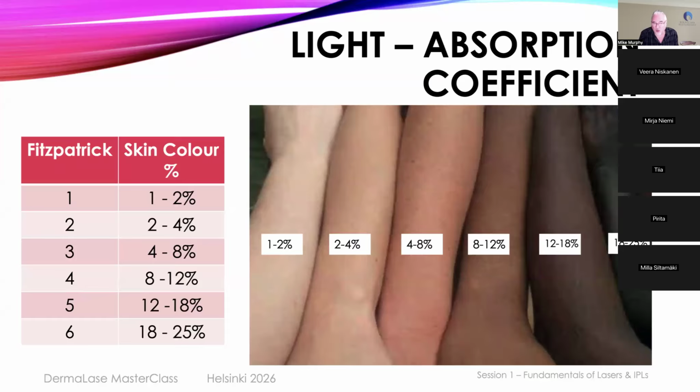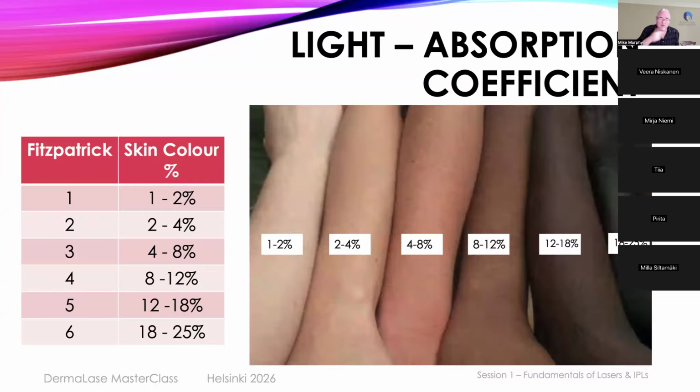And the skin tone is essentially like I've got here, the skin color is the concentration of melanin. And for us, that is important because the more melanin in the skin, in the epidermis, means the greater the barrier that the light has to get through.